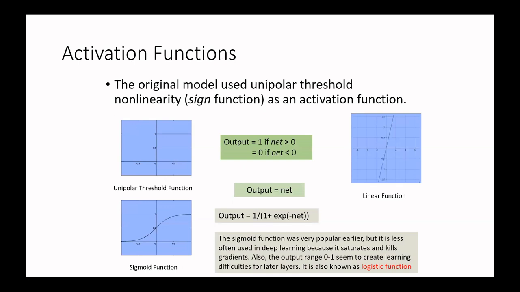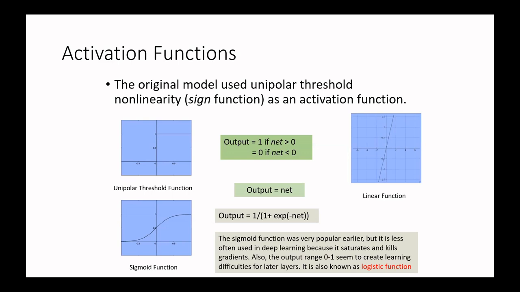The threshold function in the model that I showed you in the previous slide is known as the activation function. So basically, there are two things going on in a neuron model. There is a weighted summation going on, and that summation is being passed through some kind of activation function.